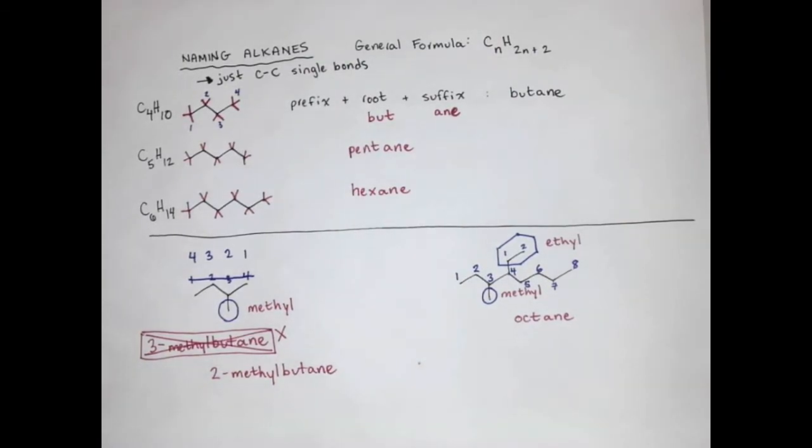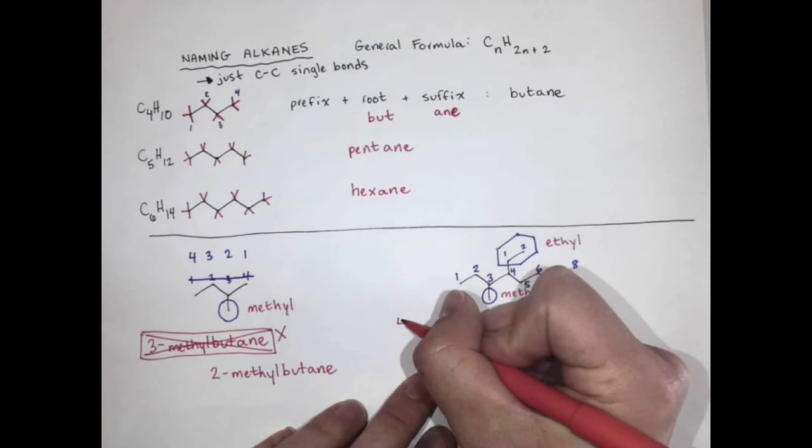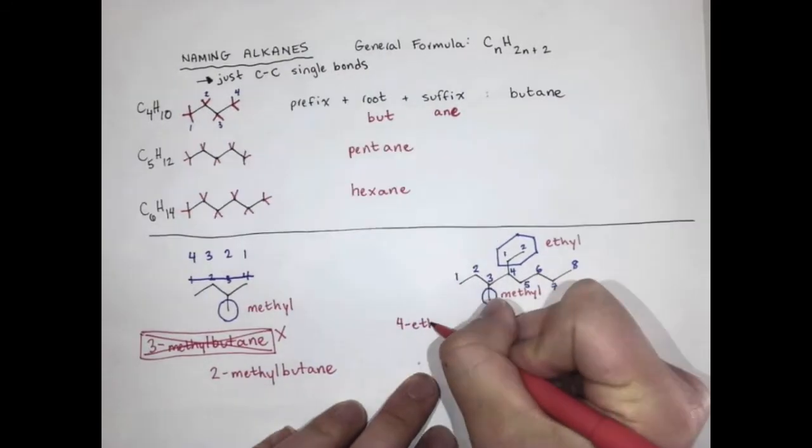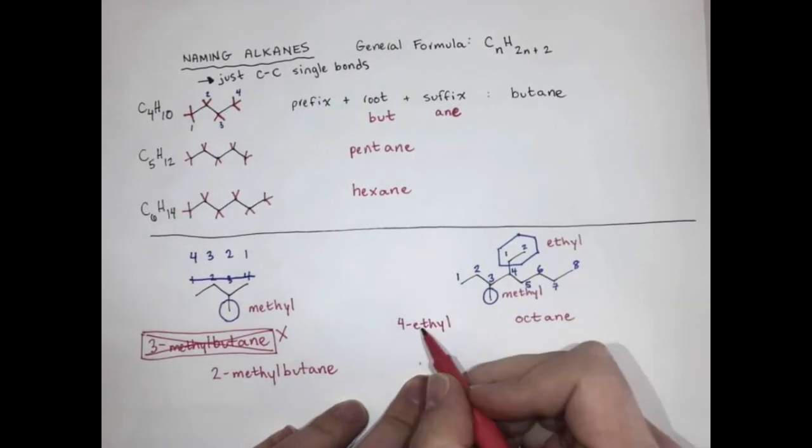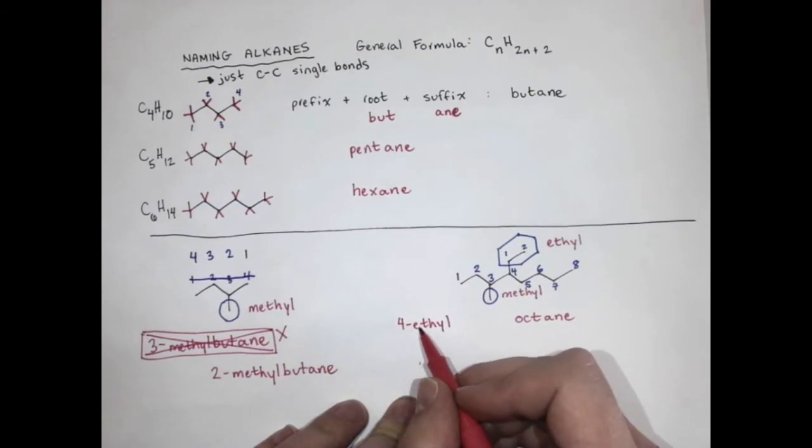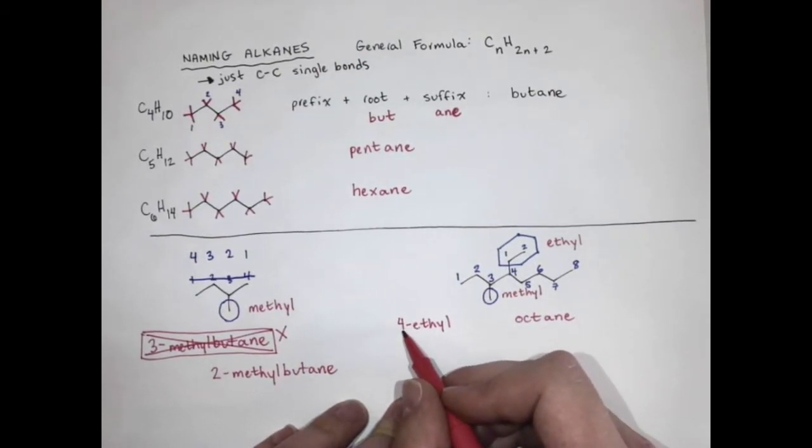All right, so I've got my 2 branches, methyl and ethyl. Ethyl and methyl, so E comes before M alphabetically, so that means I'm going to write the ethyl group first in the name. So this is going to be 4-ethyl. Between the 4 and the ethyl, I put a hyphen, so that tells me I have an ethyl group at carbon 4.